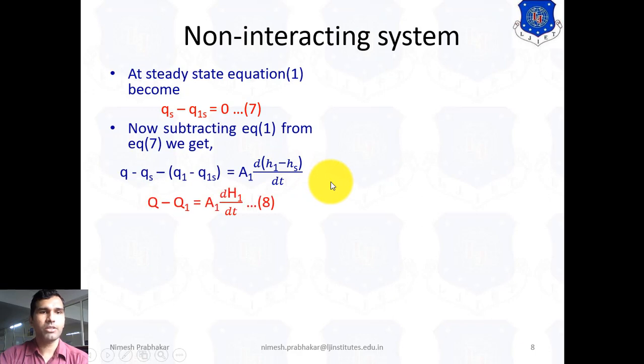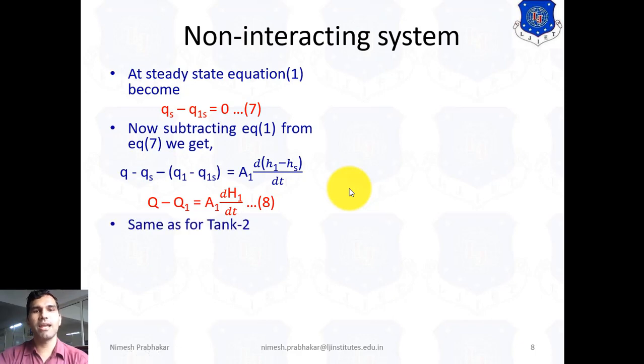Now here we define the deviation variables: Q minus Qs is nothing but the capital Q, Q1 minus Q1s is nothing but the capital Q1, and H1 minus H1s we write as the capital H1. So A1 dH1 by dt. So this is the equation for tank 1.